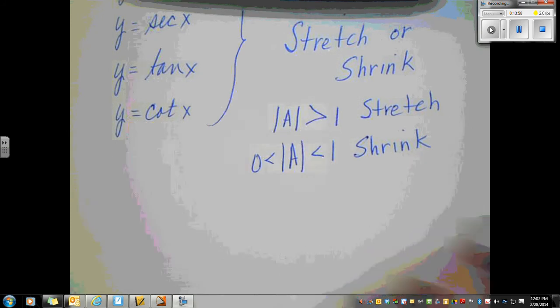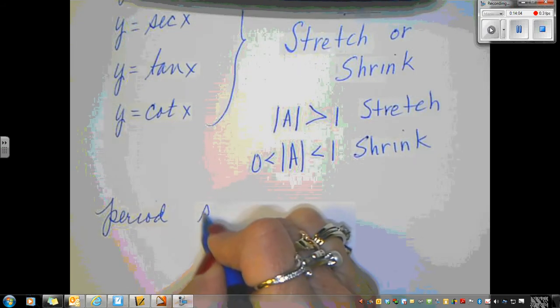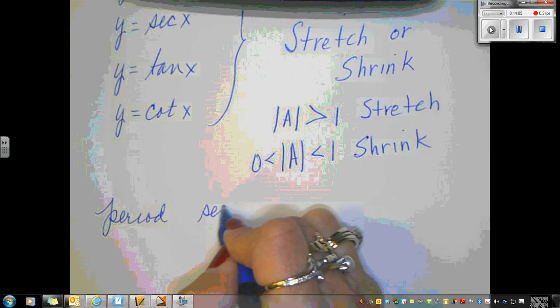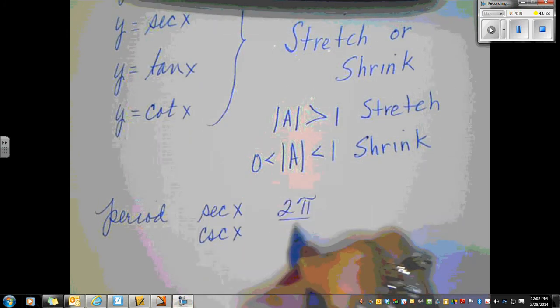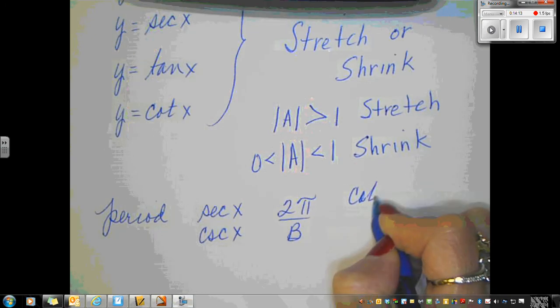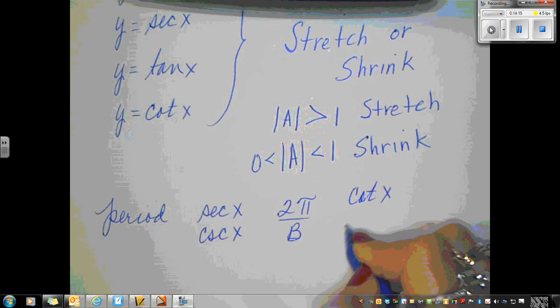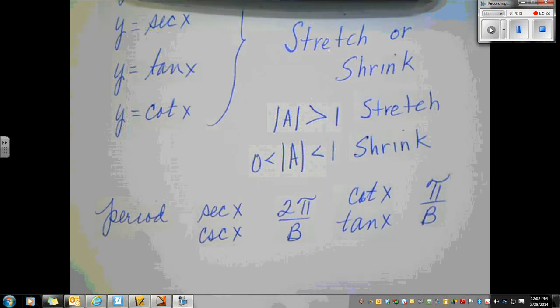Now, what about the period? Secant and cosecant are 2 pi divided by b. But cotangent and tangent are pi divided by b.